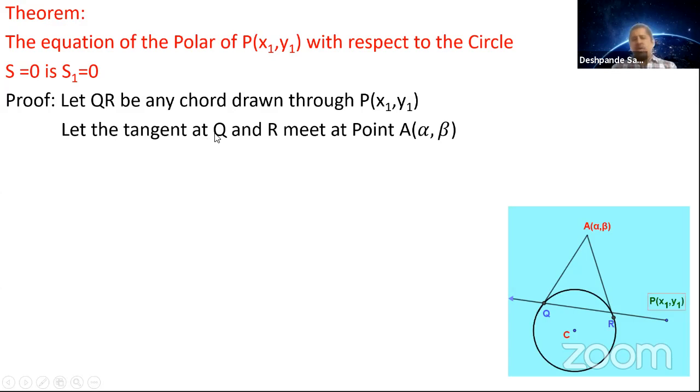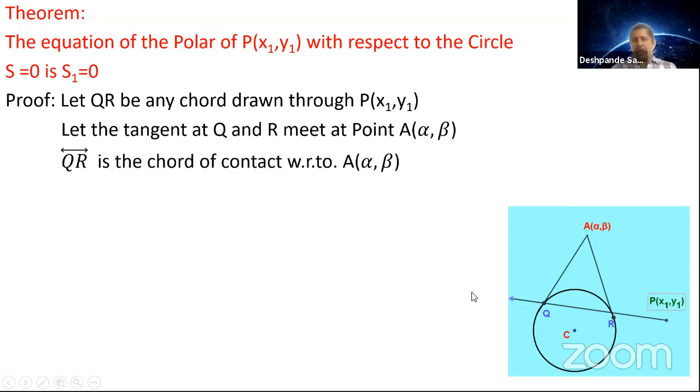Now, you got tangents at Q and R meeting at a point A. So let the tangents at Q and R meet at a point A, with coordinates A(alpha, beta). Now this QR, which you have taken with respect to this point, you are calling the chord of contact. Do you agree? So this secant line QR can be called the chord of contact with respect to the point A(alpha, beta).